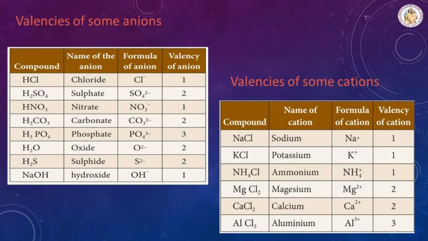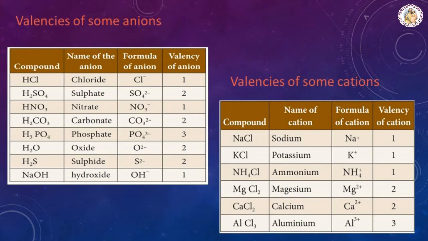The name of the cation is potassium, and the formula of the cation is K plus, and the valency of the cation is 1 because it combined with only one chlorine atom. Next, ammonium chloride. The name of the cation is ammonium, and the formula of the cation is NH4 plus, and the valency of the cation is 1 because it combined with only one chlorine atom.